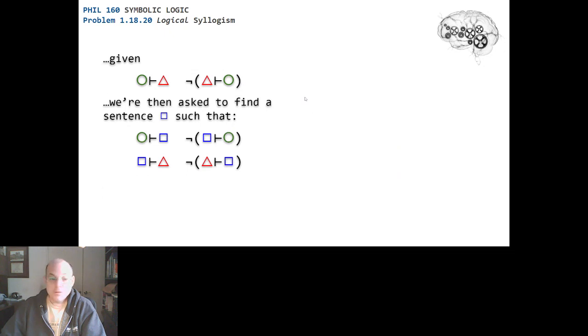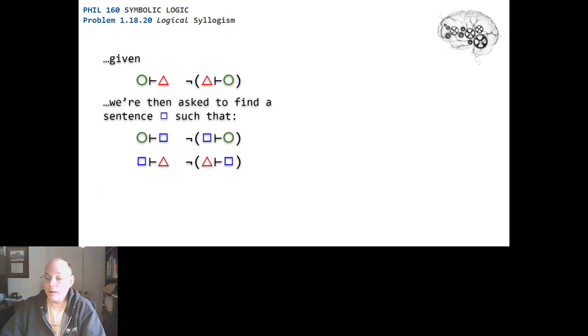We're also given a set of requirements. We're asked to find a square such that circle, therefore square, and square, therefore triangle work out, but it doesn't work out the other direction.